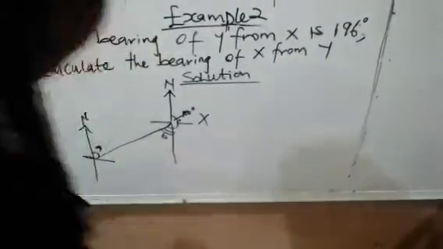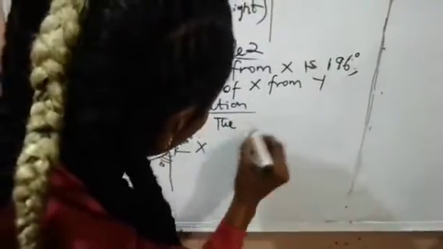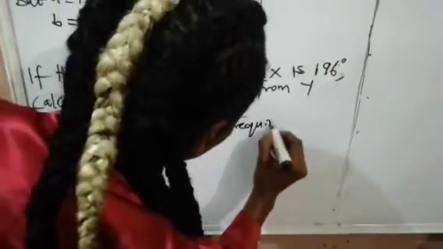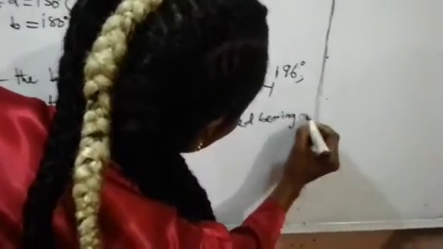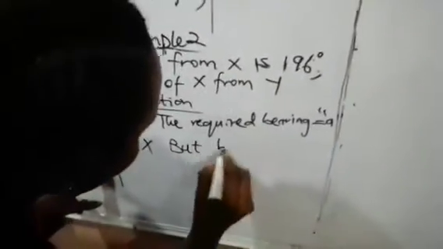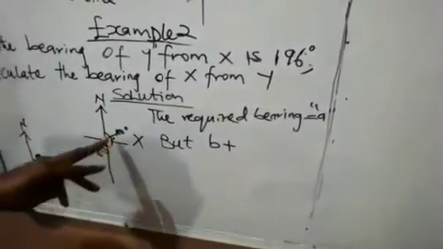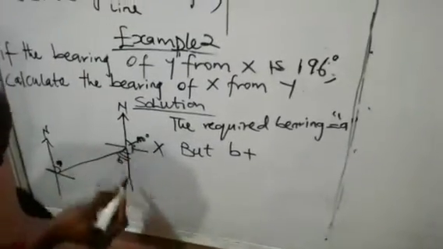But the required bearing here is A. Then we now have A plus B plus this 180, from here to here, angle on a straight line.